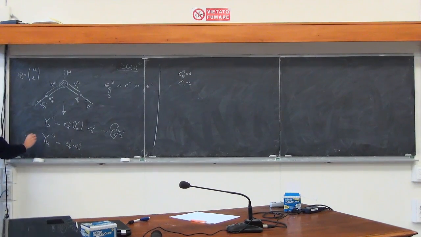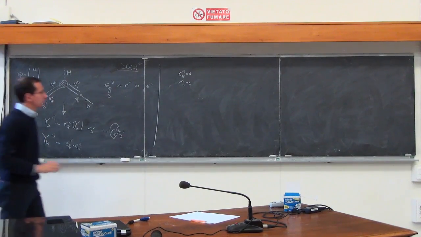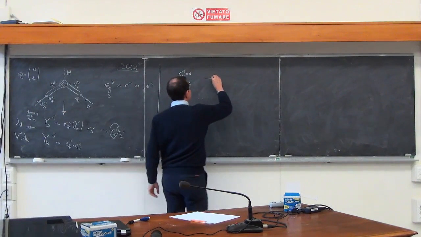Once I do this assignment, essentially everything else is fixed, because I know what these guys are in the famous down mass basis. I know that this is lambda d and this is the CKM matrix dagger, or of course I can make a rotation and go the other way, so I put this V here. From that, it's trivial to show that these things are completely fixed.